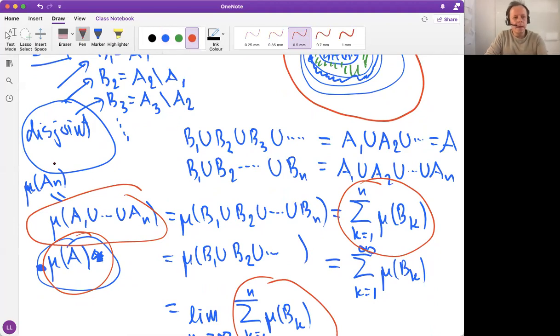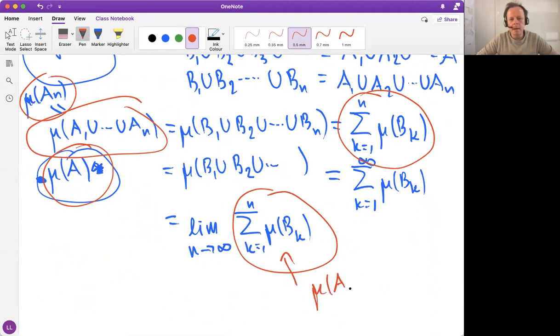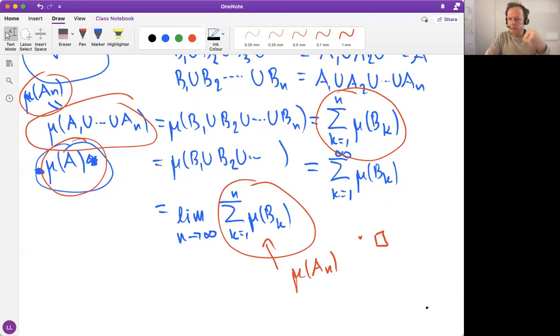So mu of An is equal to the sum from k equals 1 to n of mu of Bk. So this thing here is just mu of An. And we have a limit, and that limit is equal to mu of A. So that was it, actually. So now we can put the famous Halmos square here, and we are done with the proof, at least.